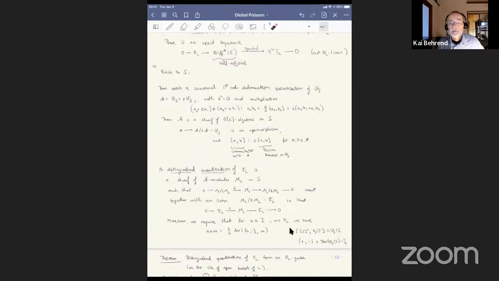So A is a function in I, then it maps into I mod I squared, which is the tangent bundle on L. So I can turn A into a vector field on L, and then I can plug it into the divergence, and then it makes sense to require this formula here.